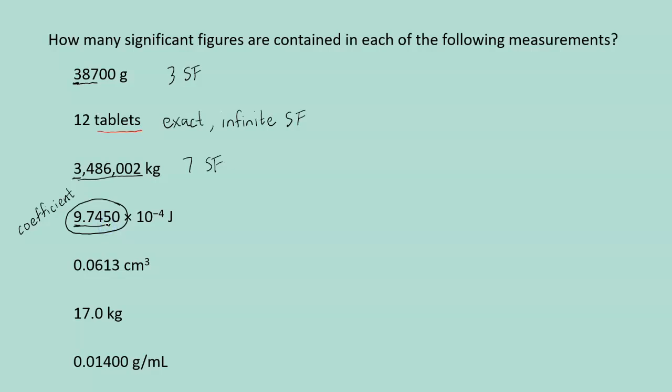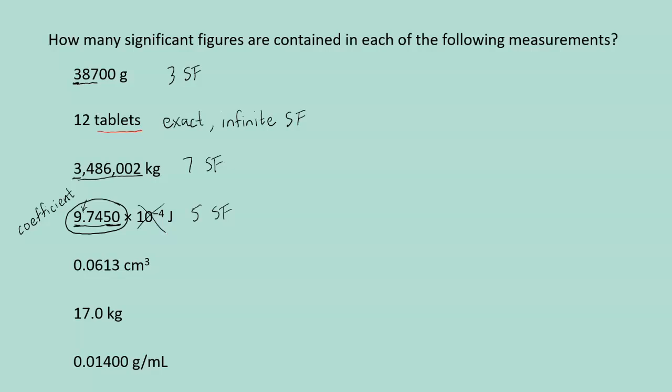Then we ask one question: do I see a decimal in that number? And I do. It doesn't matter where it's at, but the fact that I see that decimal, I'm going to keep underlining all the way to the right. So that 0 is significant. It's a trailing 0 where a decimal is present. In total, we've got 5 sig figs here. Again, we ignore that power of 10 when we're counting sig figs.